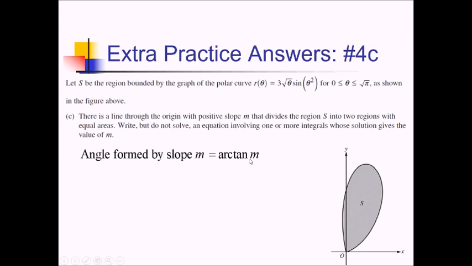It's a constant of some kind. So then I have an integral from 0 to arctan of m of 1/2 r of theta, the whole thing squared. And now I'm going to say that that's going to be equal to an integral from arctan of m to the other end of my interval, to radical pi.